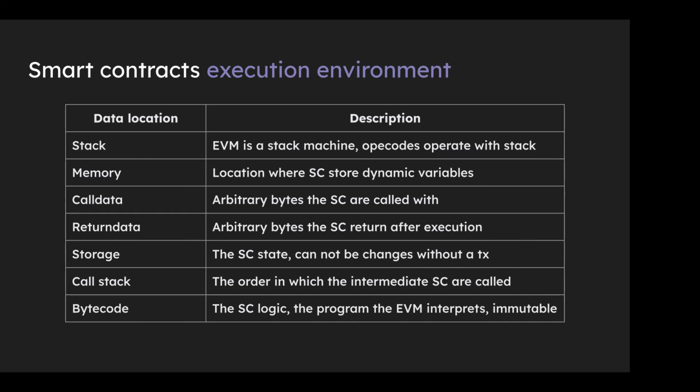And smart contracts cannot react to some events. Only externally owned accounts can. And if you're executing a transaction, then this storage may be changed, may be altered, may be modified. Else, you can only read from the storage.